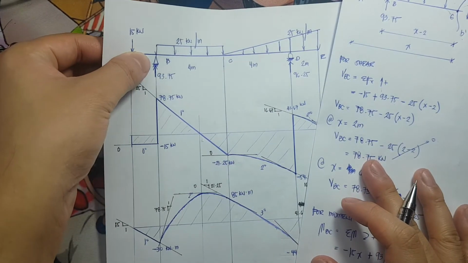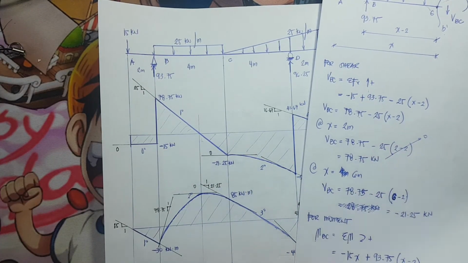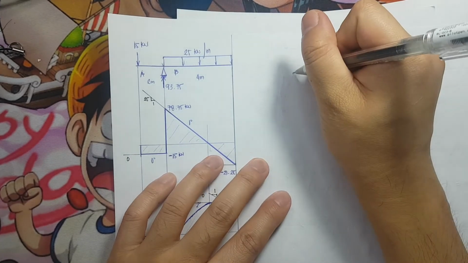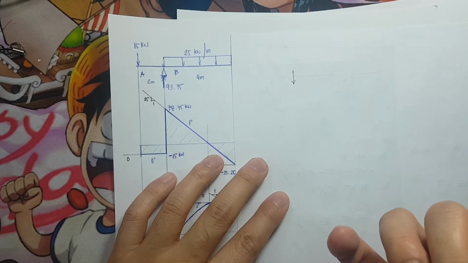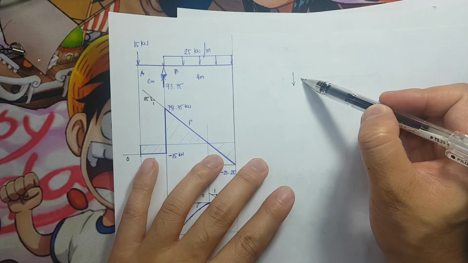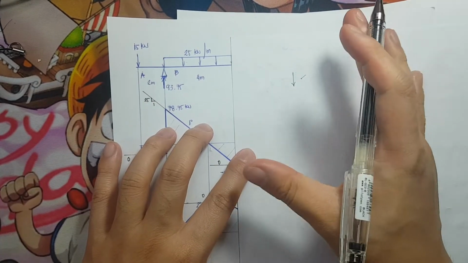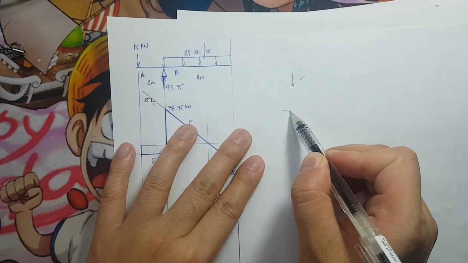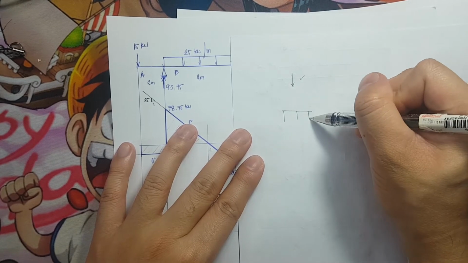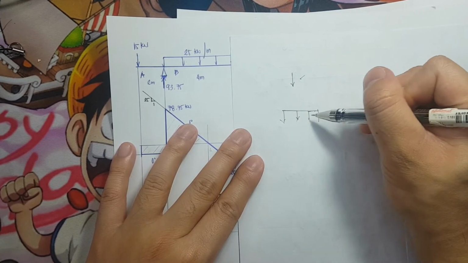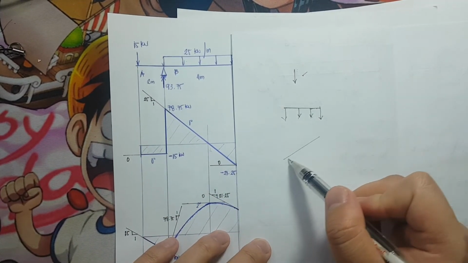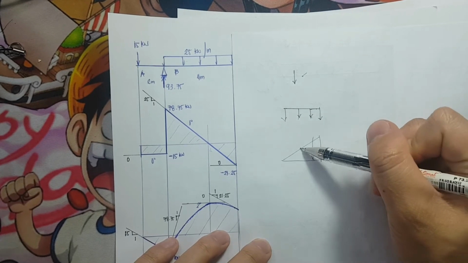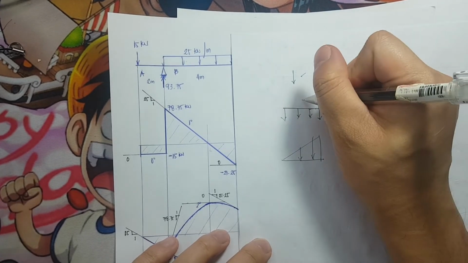Take note, we have the degree of load. Okay? So, if ganito yung ginamit sa load diagram, expected na yung magiging itsura sa shear diagram would be a uniformly distributed load. Then for the moment, it would be a uniformly varying load. So, this is 0 degree.